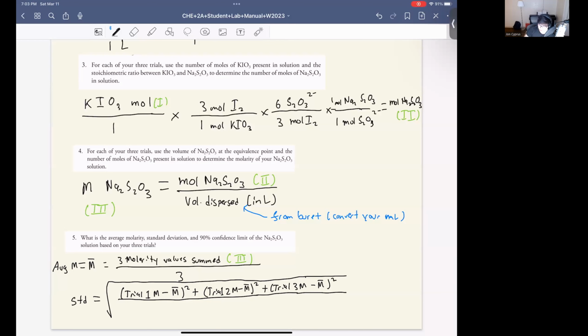And this is over 2, right? It's going to be 3 minus 1, so your number of trials minus 1. Then that is your standard deviation.